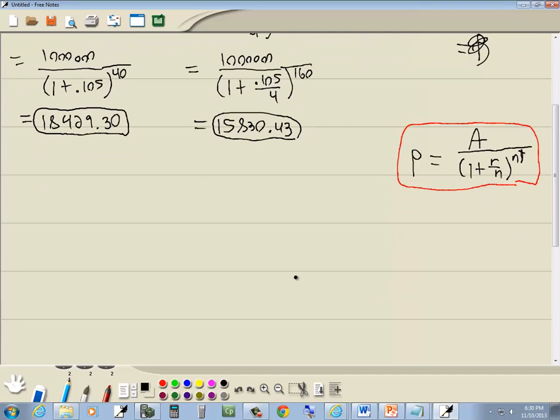Okay. Next one's N is equal to 12. Plug in the same formula. So we got P is equal to 1 million divided by, beginning parentheses, 1 plus R, which R was 0.105, divided by N, which in this problem is 12, raised to the 12 times T. What was T?